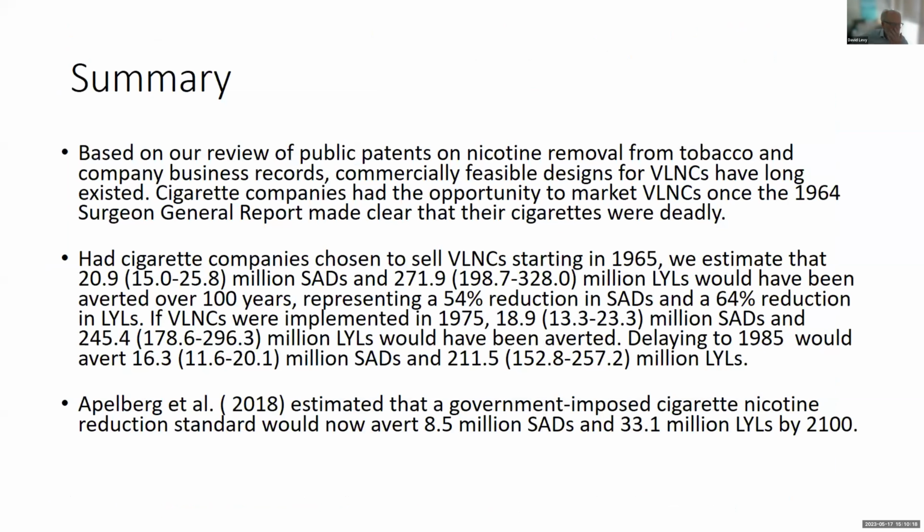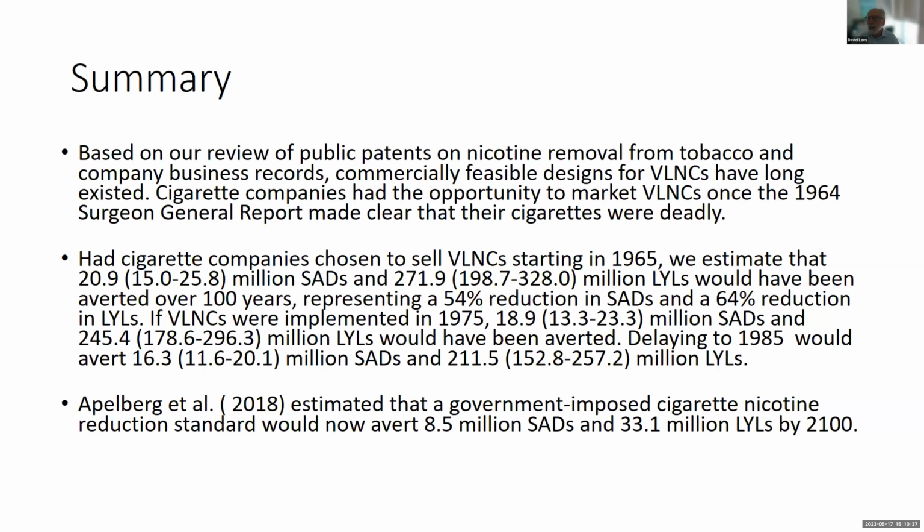Okay, so to summarize, first of all, based on our review, the cigarette companies had the capabilities of implementing a standard. They also knew the public health impacts by then of having these deadly cigarettes.